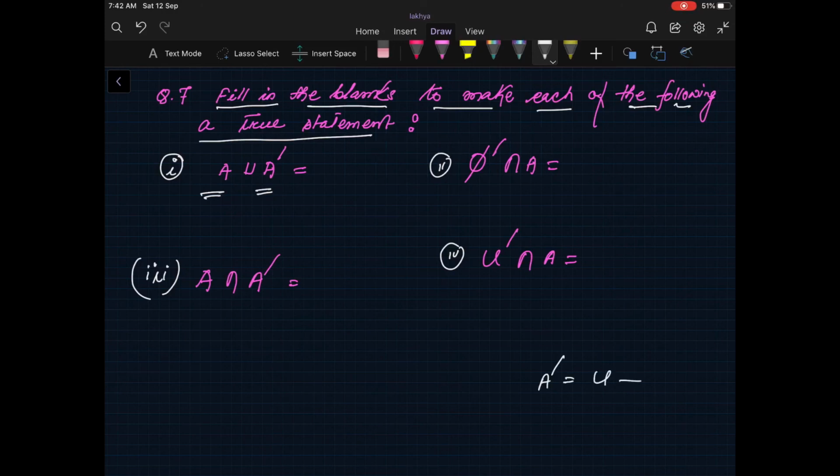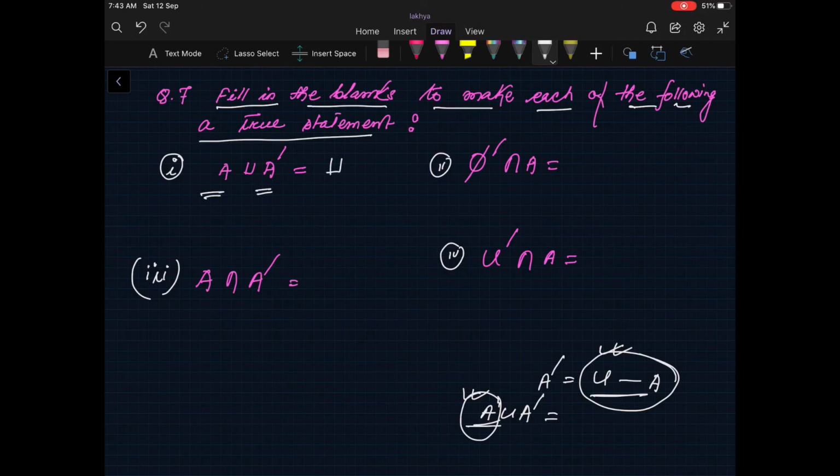A complement means universal set minus set A. If you find A union A complement, you have to combine these two sets: the set not containing the elements of A and the set containing the elements of set A. Then again you will get the universal set.